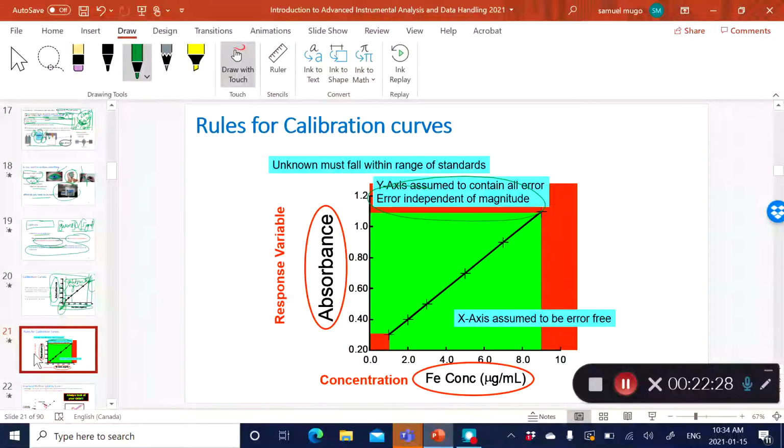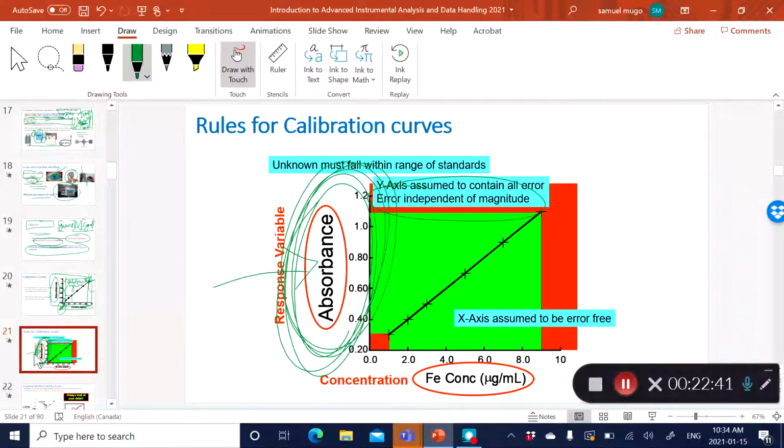But remember the following, we are assuming in your calibration that any error that you have is because of the y-axis, which is a signal. As I've said, every instrument has got a bit of an error. So the error largely should be on the y-axis, which is a signal.